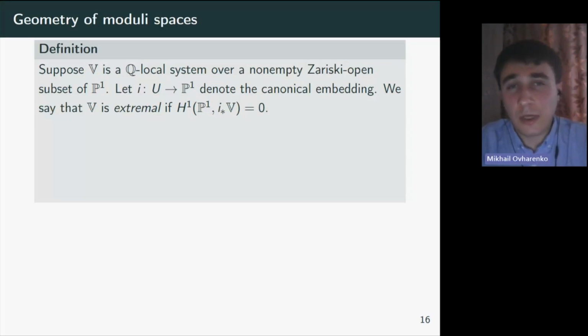And we would consider a rational local system over that open subset. And we would say that our local system is extremal if the first homology of the corresponding pushforward to P1 vanishes.